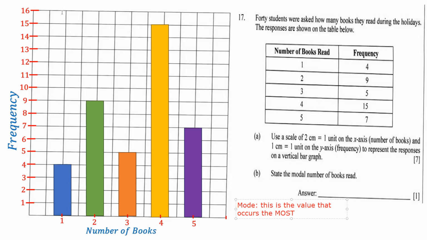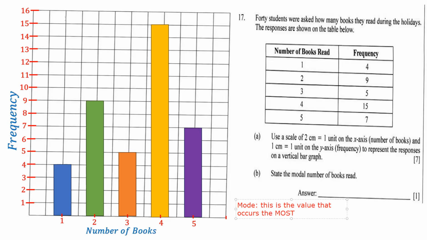Now, based on that definition, that the mode is the value that occurs the most, what is going to be the modal number of books read? Okay, 5. 15. Okay, that's what we're going to do.